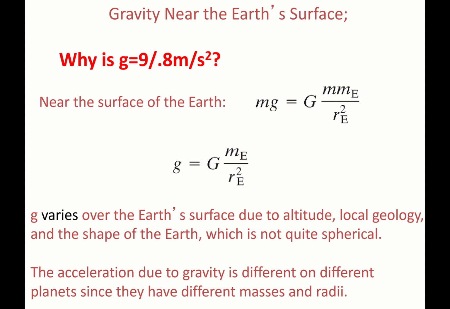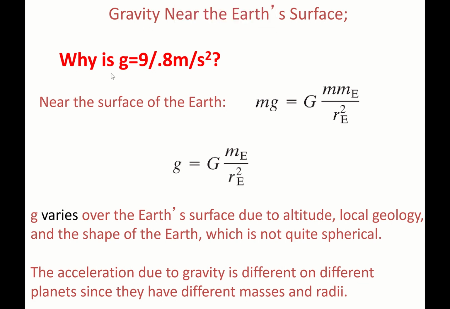And in fact, if you put the numbers in, you do get that little g is equal to 9.8 meters per second squared. Of course, little g varies over the Earth's surface due to altitude, local geology, the shape of the Earth, which is not quite spherical, but on average it's 9.8 meters per second squared.